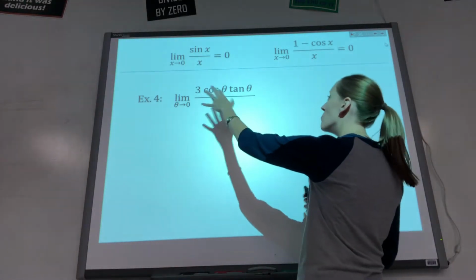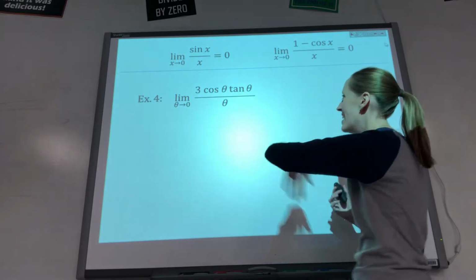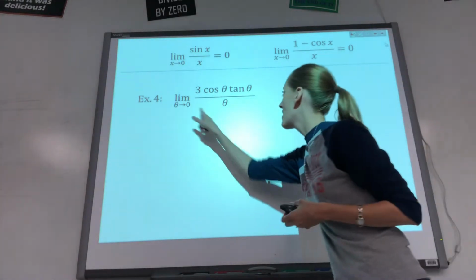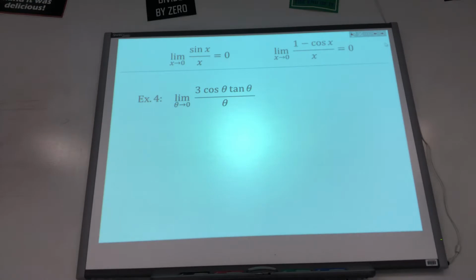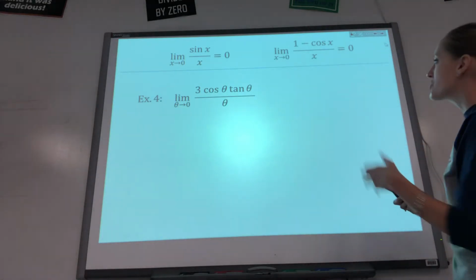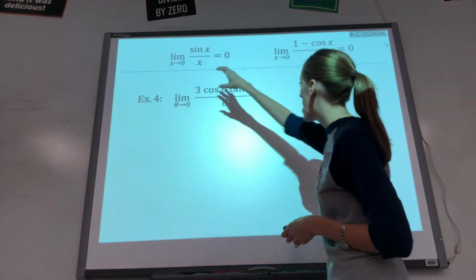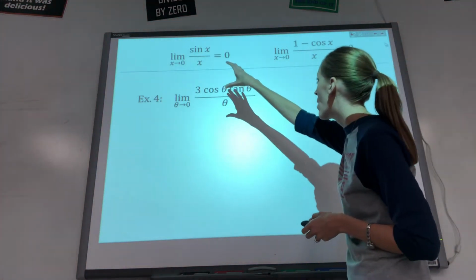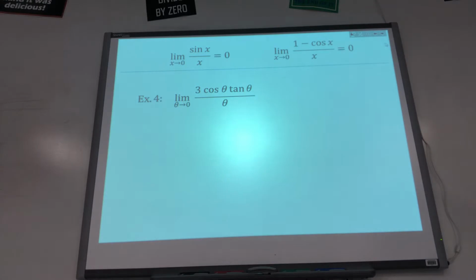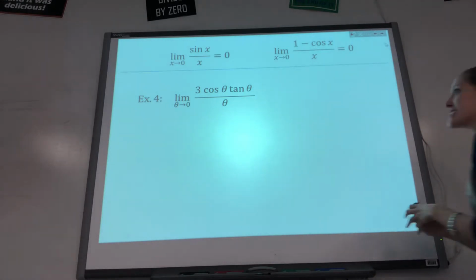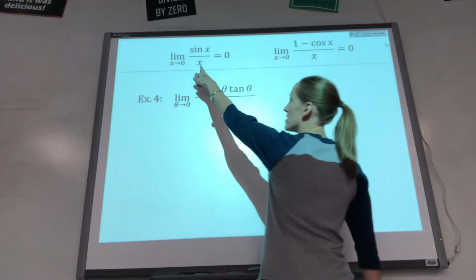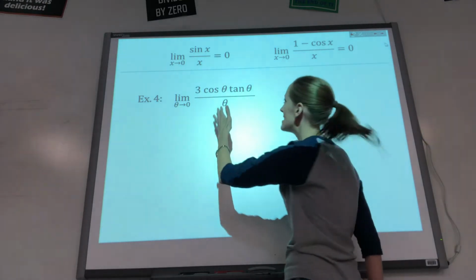Okay, now direct substitution, not looking good. Right off the bat, I can see I'm going to get a 0 on bottom. Probably going to end up with a 0 on top as well. So I can't just plug in the 0. Now, I start to look for my special trig limits. Now you're going to have to think of these as thetas for a second.